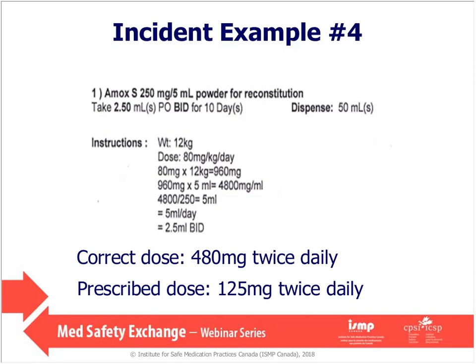The correct dose was calculated to be 480 milligrams twice daily, or 9.6 milliliters of the 250 milligram per 5 ml concentration to be given twice daily. The printed dose was therefore only 1/4 of the intended dosage.